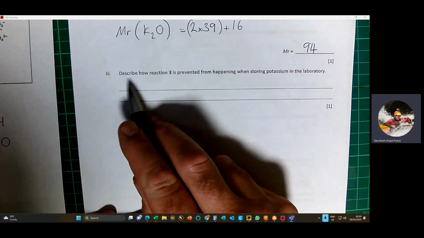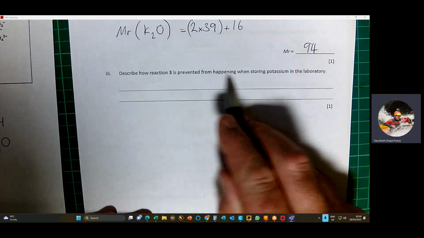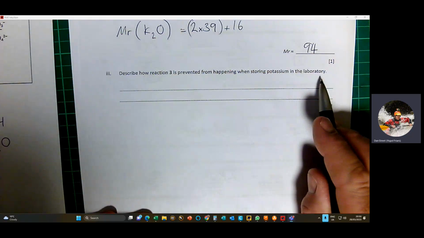Then finally, describe how reaction 3 is prevented from happening when storing potassium in the laboratory.